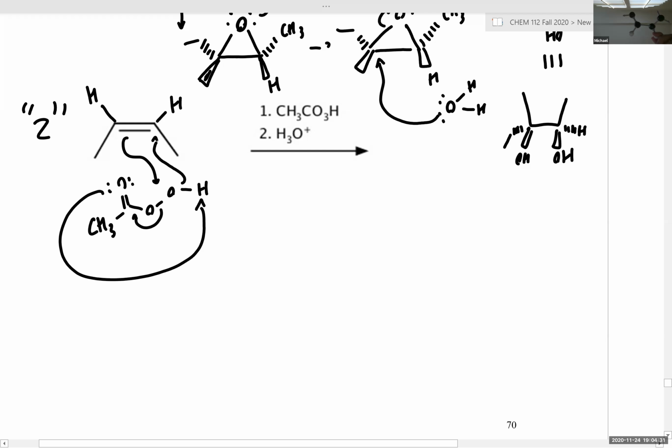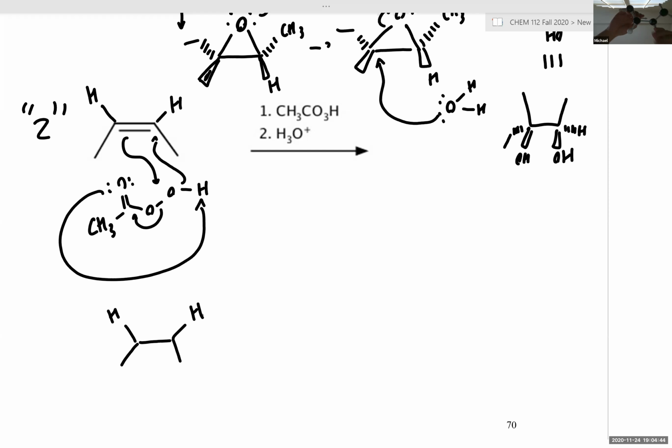And the addition in our epoxidation occurs with syn selectivity. So our epoxide can either add from the top or the bottom face. We're arbitrarily going to choose the top face.